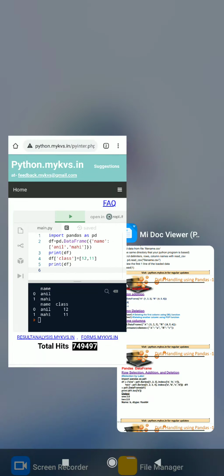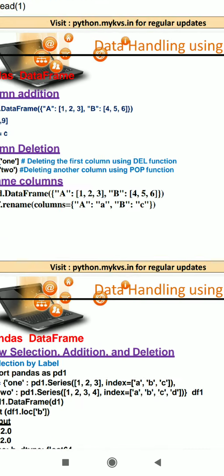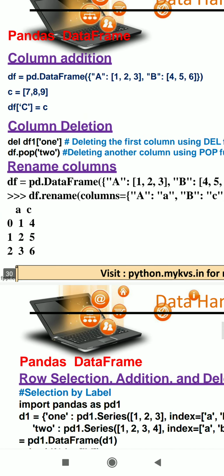Now student, we learn something more. Suppose we have an additional column and we do not want it to be there, then we can remove that column with the help of the del statement or the pop method.